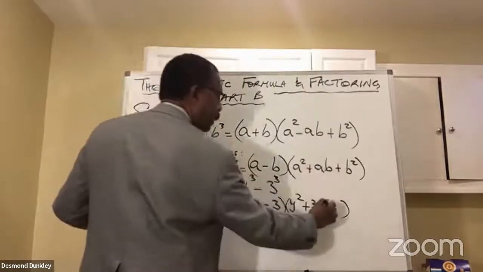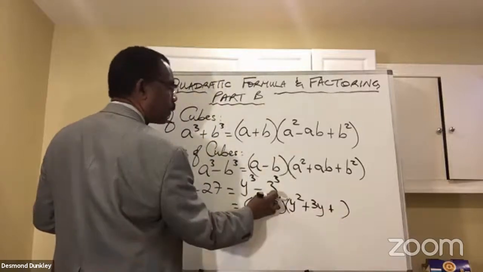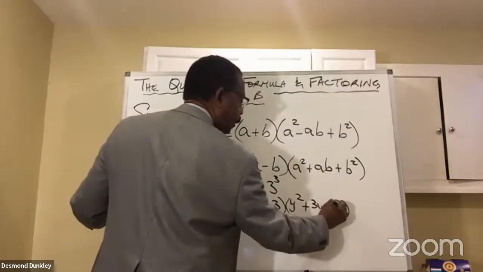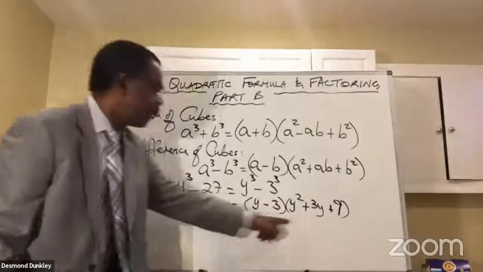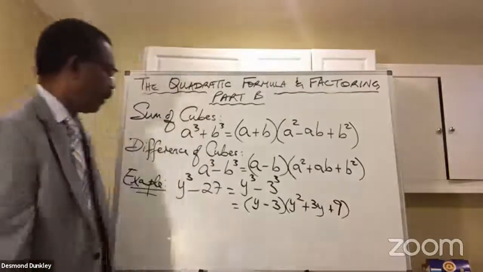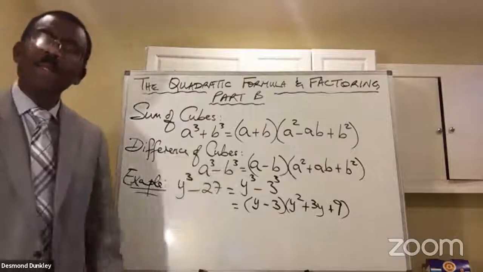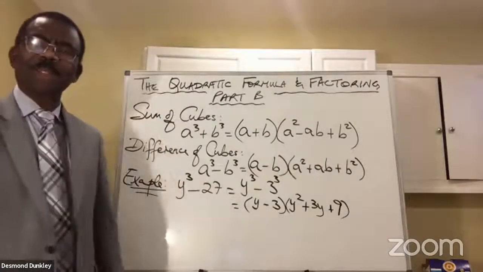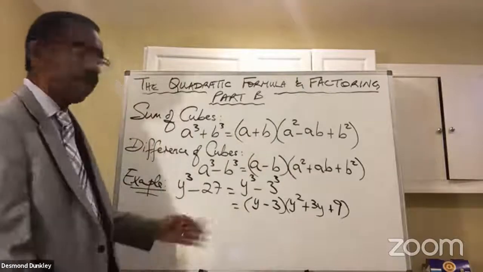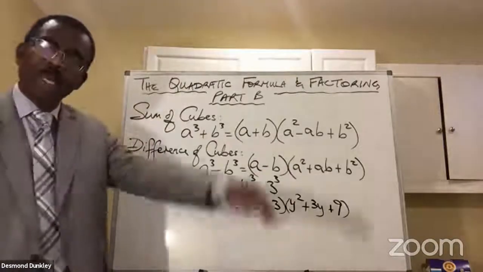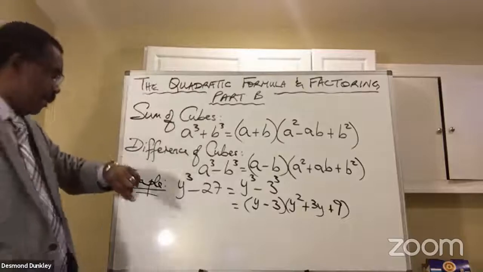And then again, plus 3 squared is 9. And I'm saying to you that this, when multiplied together, will give you y cubed minus 27. We're going to check to see if that works. And if it works, then we're going to try and solve one of these equations. Okay? Good.